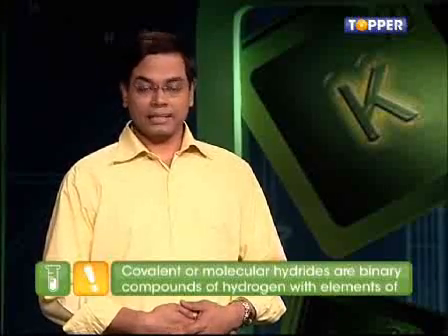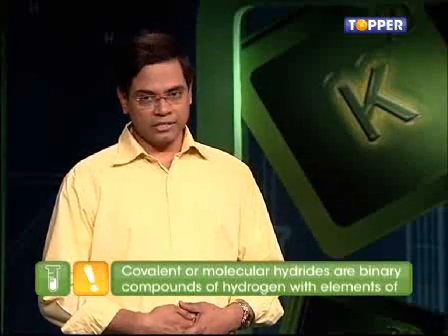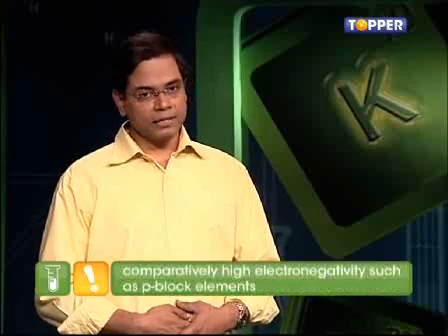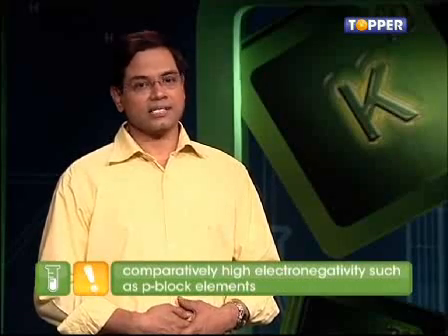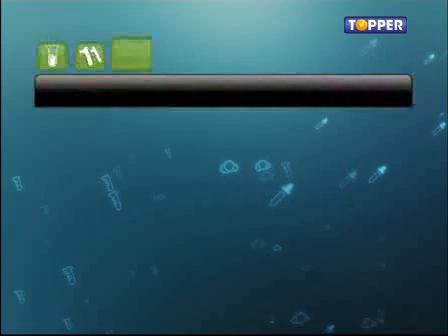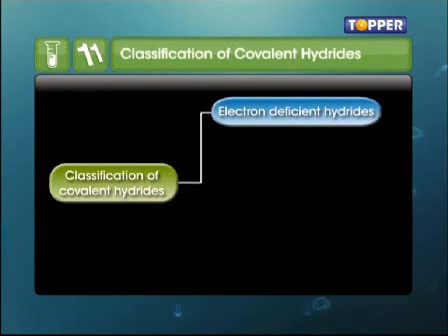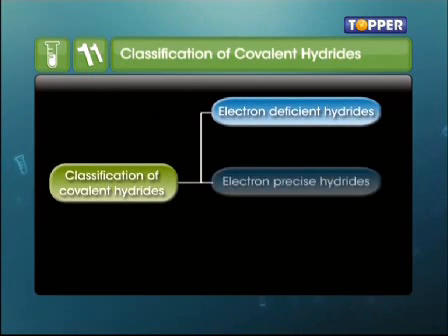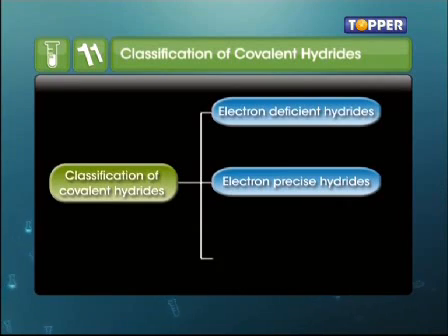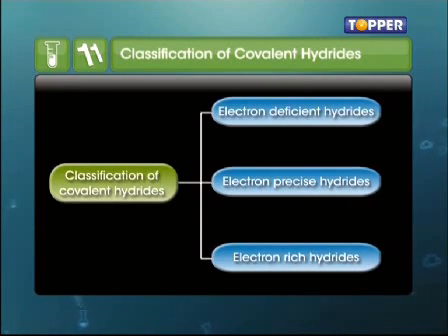Next are covalent or molecular hydrides. They are binary compounds of hydrogen with elements of comparatively high electronegativity such as p-block elements. These covalent hydrides can be further classified as electron deficient, electron precise, and electron rich hydrides depending upon the relative number of electrons and bonds in their Lewis structure.